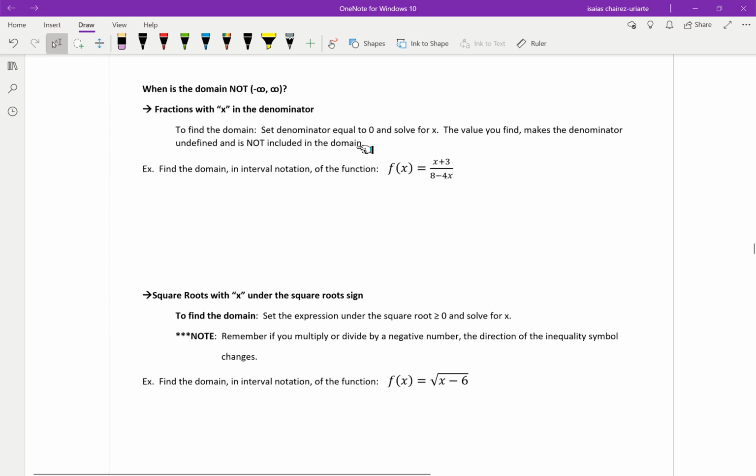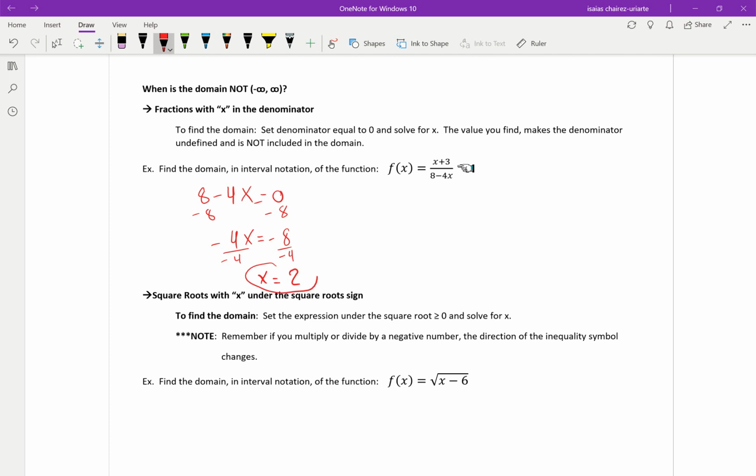Let's find the domain of this function f of x and express the domain using interval notation. What we were told is that we should set the denominator equal to 0, and then we solve for x. So that means subtract 8, divide by -4, so x equals positive 2.